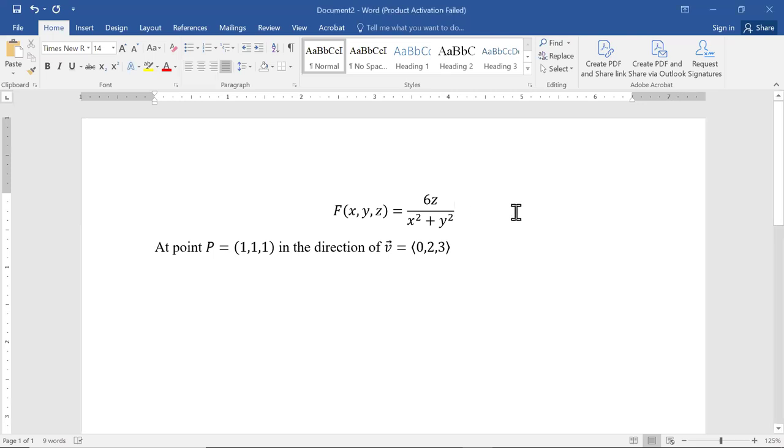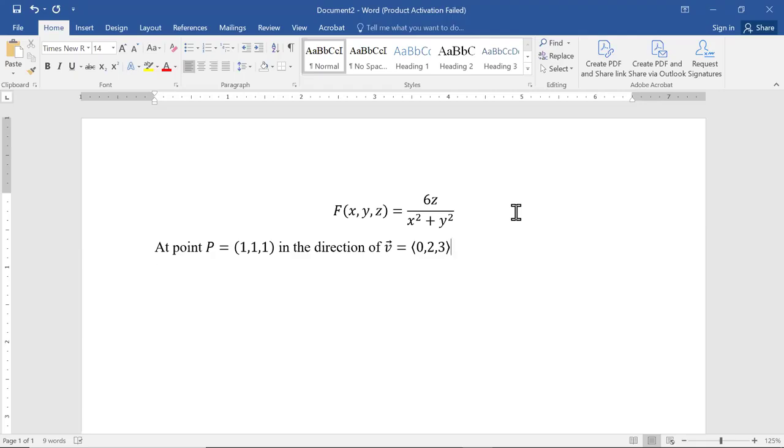All right, so the first thing we're going to have to do, well, I can do one of 2 things first. I can find the unit vector in the same direction as v, or I can start taking derivatives of my function f. So let's find the unit.